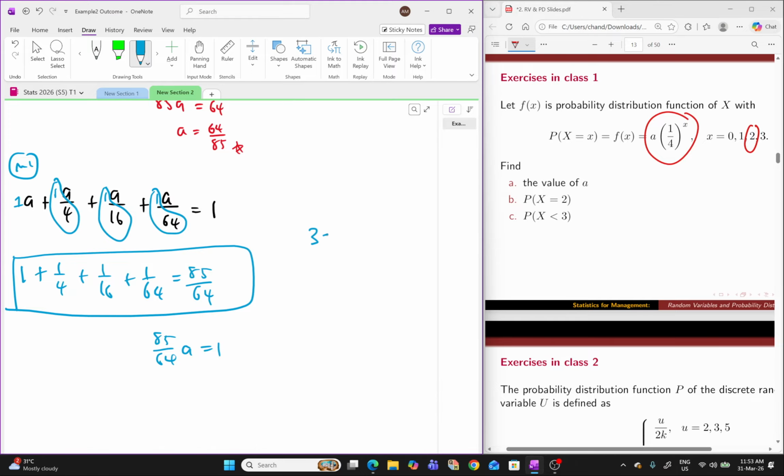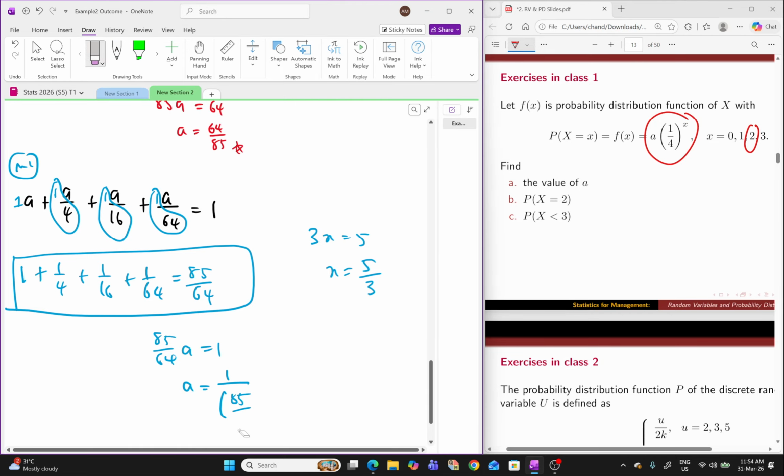Normally if 3x equal to 5, how do you solve? x equal to 5 over 3. The same thing goes here. A is 1 over 85 over 64. If you press this in your calculator, you will get 64 over 85. This also can be done. So anyway, any method you can use.